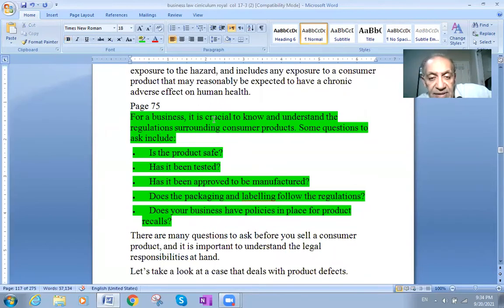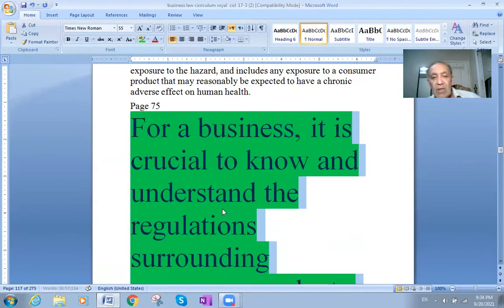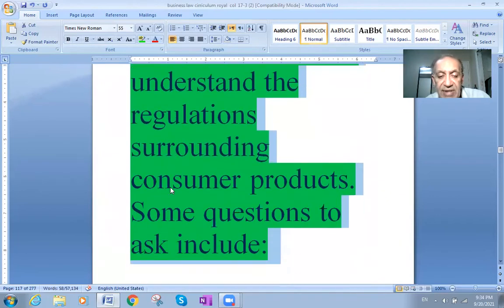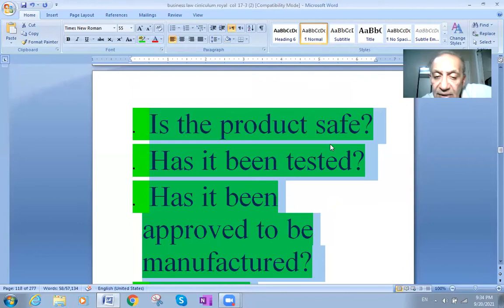For a business, it is crucial to know and understand the regulations surrounding consumer products. Some questions to ask include: is the product safe?